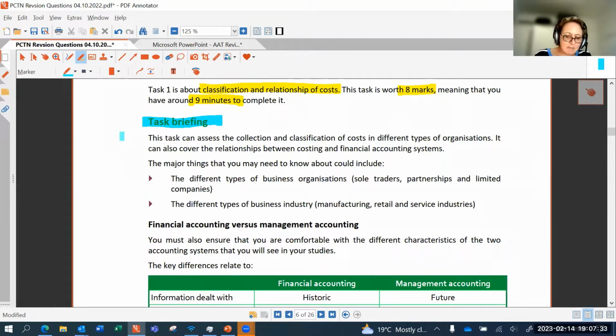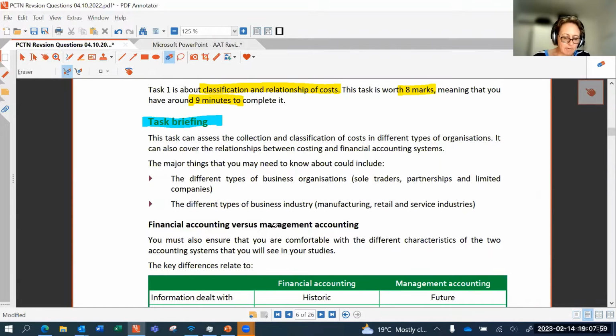We put together a set of revision notes, if you like, an abbreviated set of the First Intuition notes, covering the areas that are likely to be tested within task number 1. We're not going to look at all of that because it would spoil our questions. But if you do need to do a little bit of revision, pick up on that task briefing, particularly if you're not a student of FI, you might benefit from having another perspective on this.